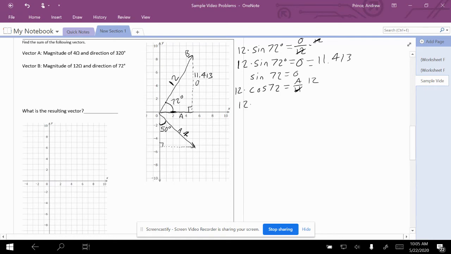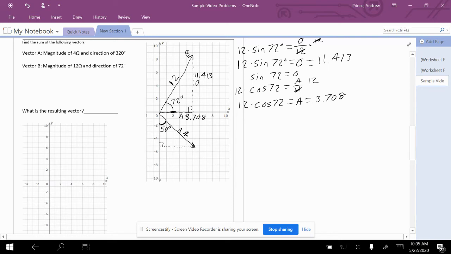So 12 cosine 72 equals our adjacent for vector B, which gives us 3.708. And now I have the sides of my triangle.